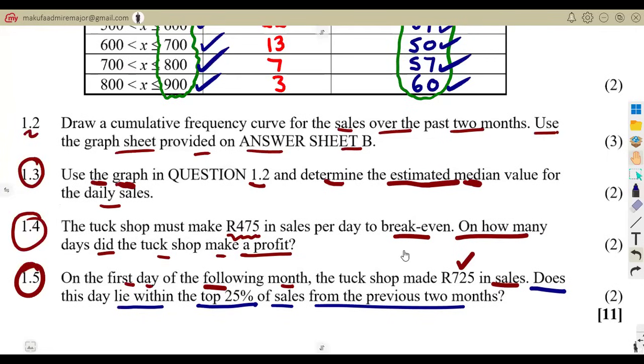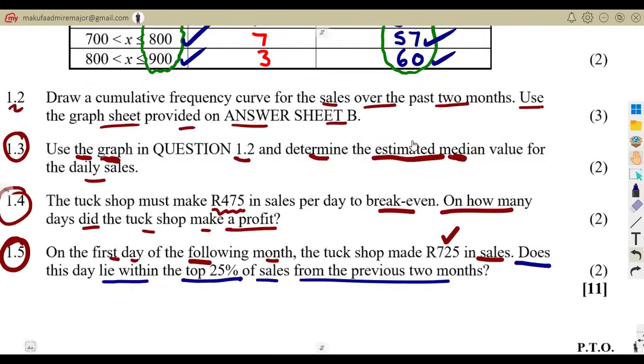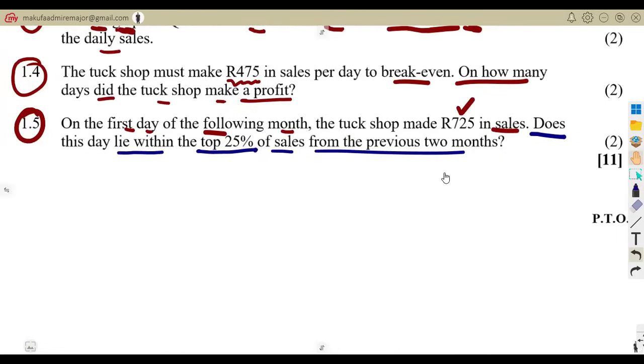Remember, this information is of the previous 2 months. So they are saying that on the following month, they made 725 rand in sales. So does this day, where they made this 725, lie within the top 25% of sales from the previous months?